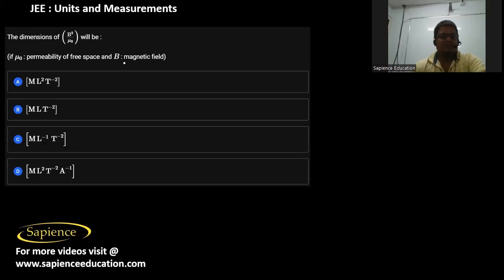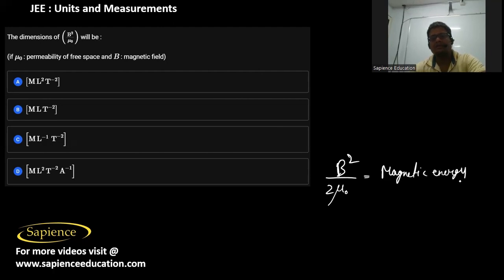Then it is told the dimensions of B squared by mu naught will be. Now B squared by 2 mu naught is called the magnetic energy density. It means it is the magnetic energy per unit volume.